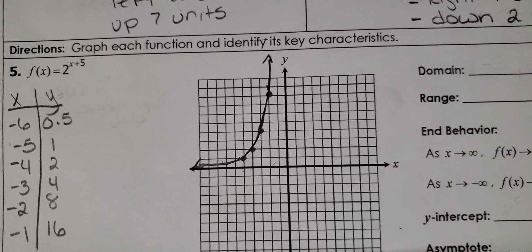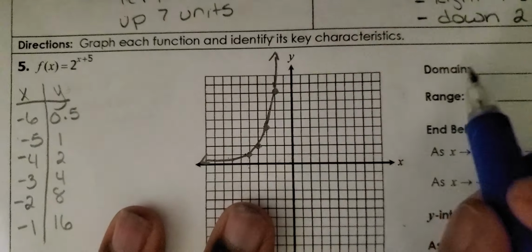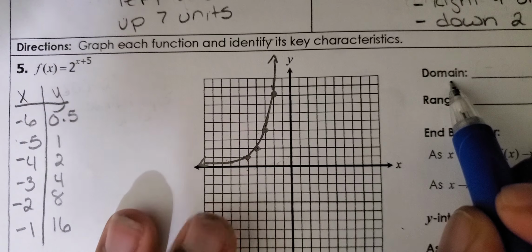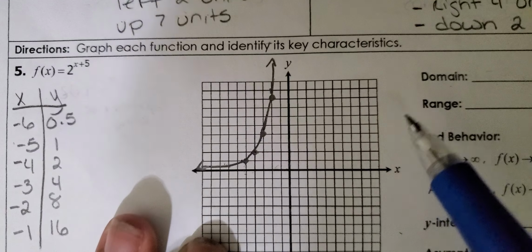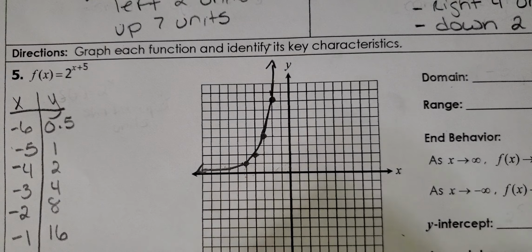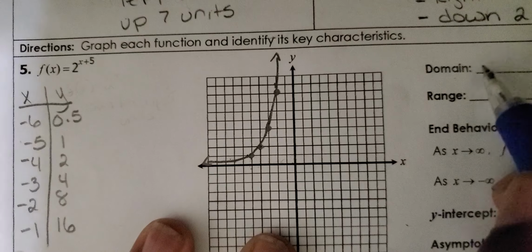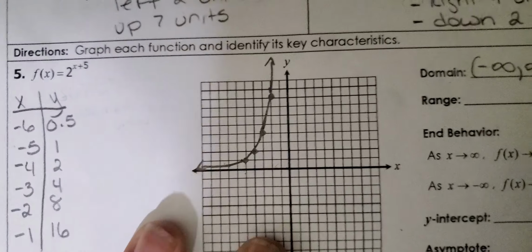The key characteristics, I'm looking at the domain. The domain is what? Yes, those are my x values. So if I look at the x values, x can pretty much be anything that it wants. If x wants to be negative, it could be negative. If x wants to be positive, it could be positive. Okay, so that means that my domain is going to go from -infinity to +infinity.